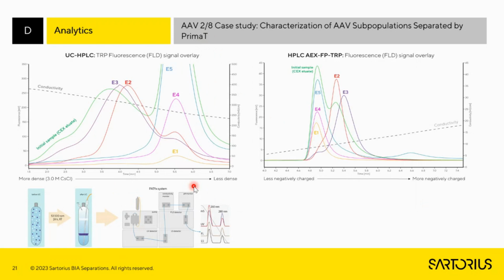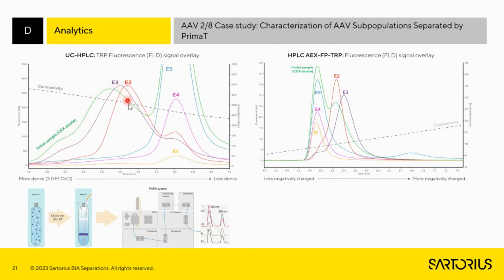The second analytic we've done was coupling ultracentrifuge with HPLC, as seen below. We centrifuged everything in cesium chloride and then pumped the vial through the detectors, including a fluorescence detector. The initial sample in green shows our SO3 eluate. So we have some, let's call them, heavy capsids.